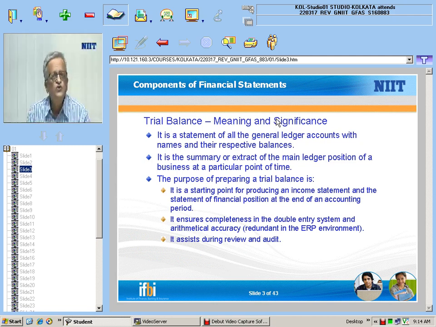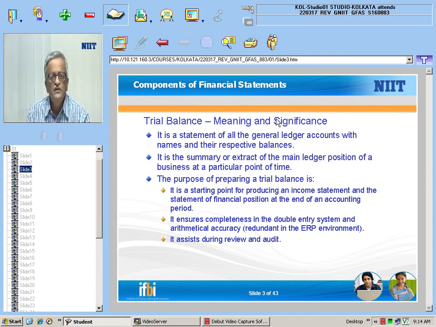General ledger accounts consist of the assets and liabilities. It is a summary or extract of the main ledger position of a business as on a particular point of time. That means it is as on a date.